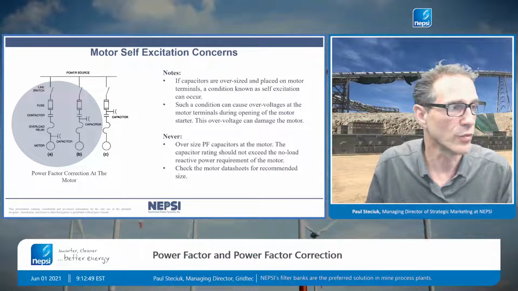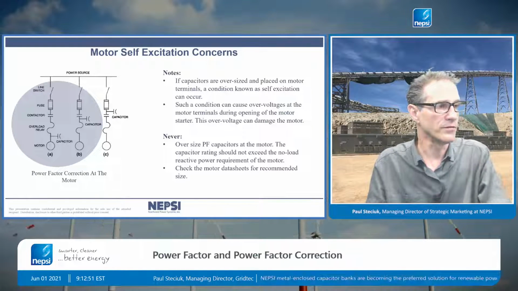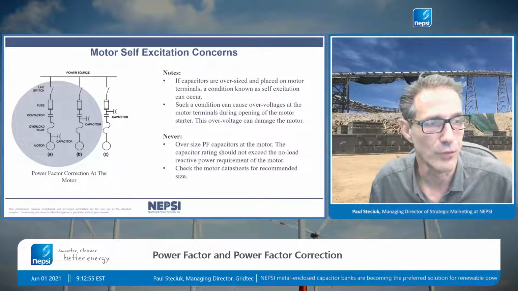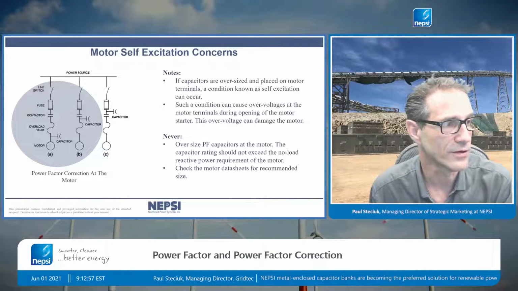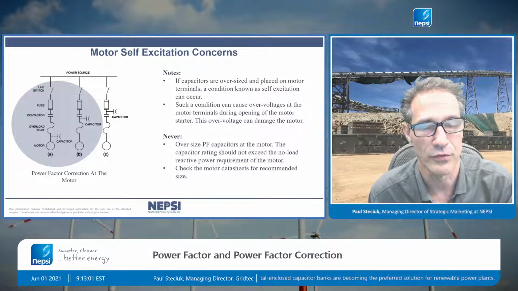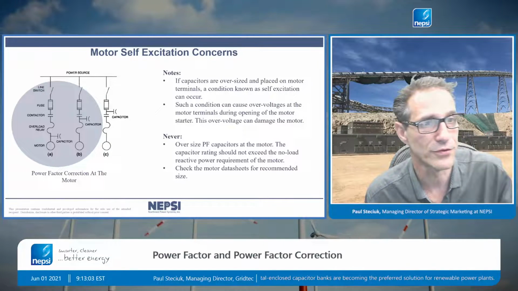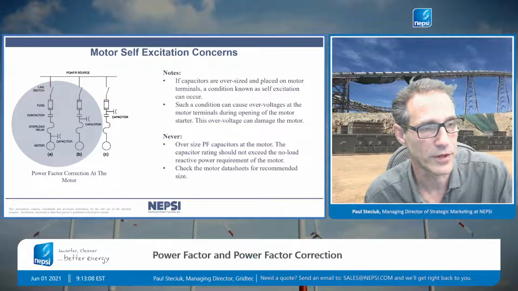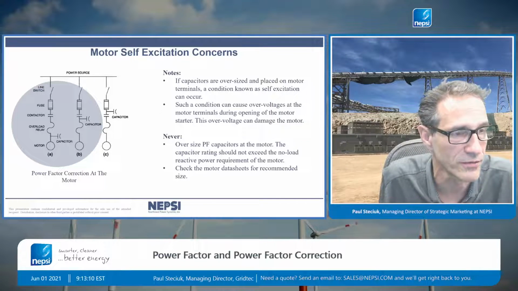So general rule of thumb is never size the capacitor to be more than, say, 90% of the reactive compensation requirements of the motor at no load. So measure the current at no load in a motor. The capacitor bank should not draw more than 90% of that in current.